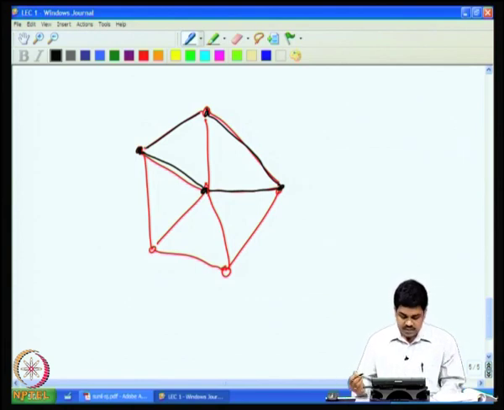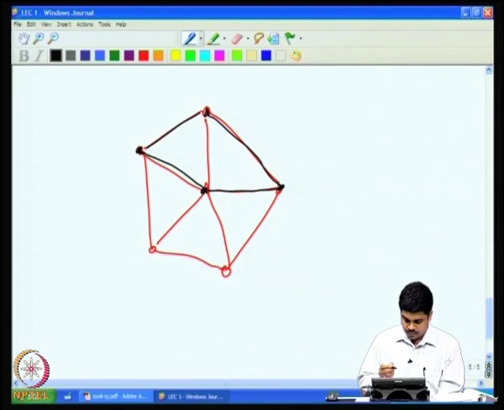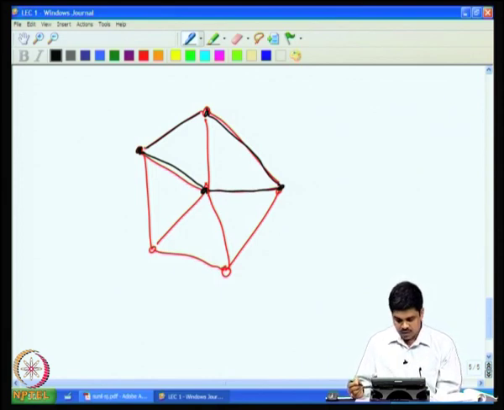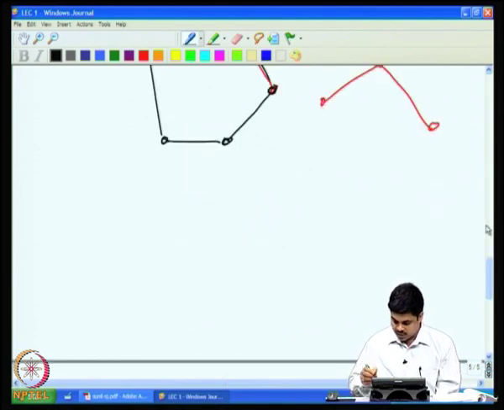And then the next is a notion called induced subgraph. What is an induced subgraph? The induced subgraph means if we select a subset of the vertices of G, and then look at the edge set. For instance, we can consider our earlier example.